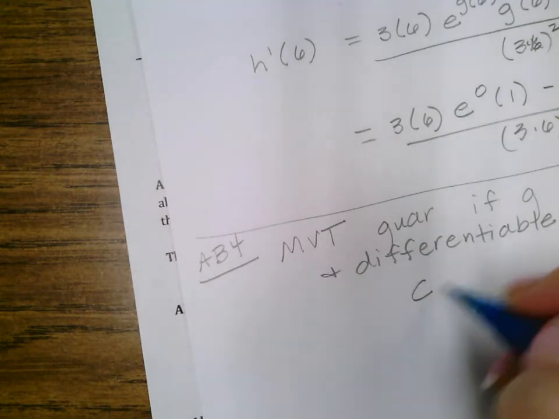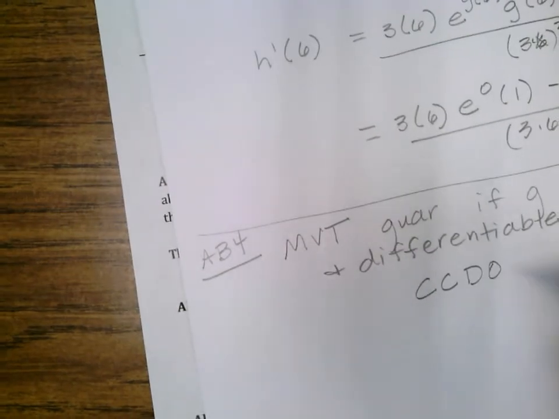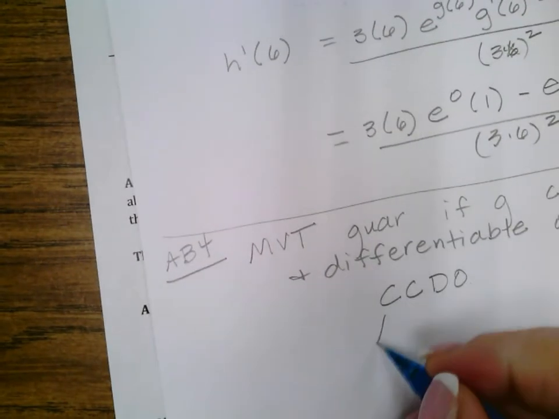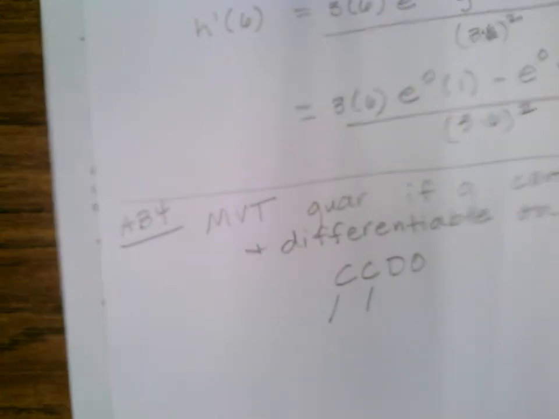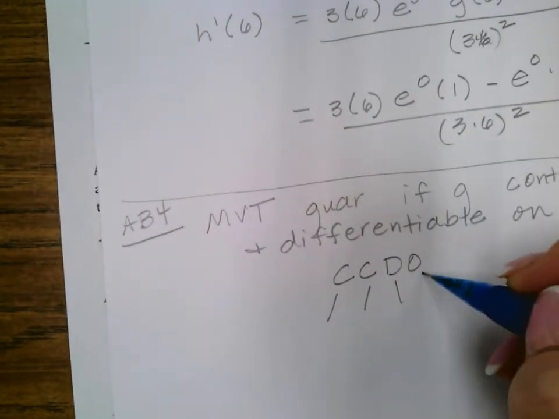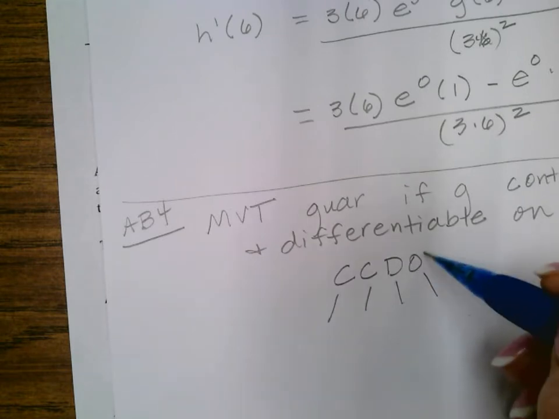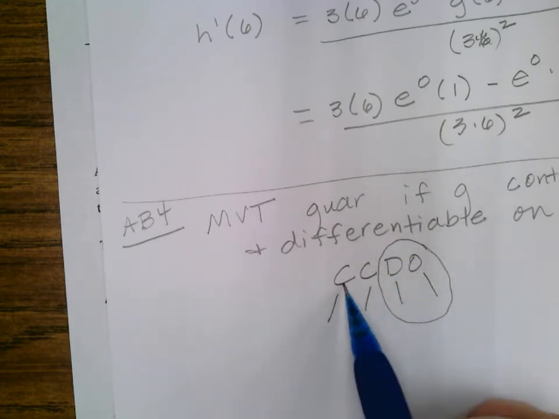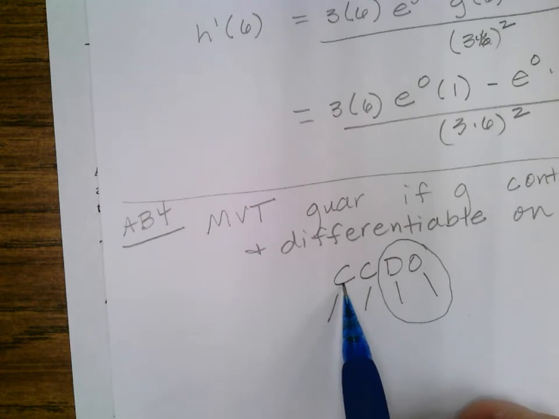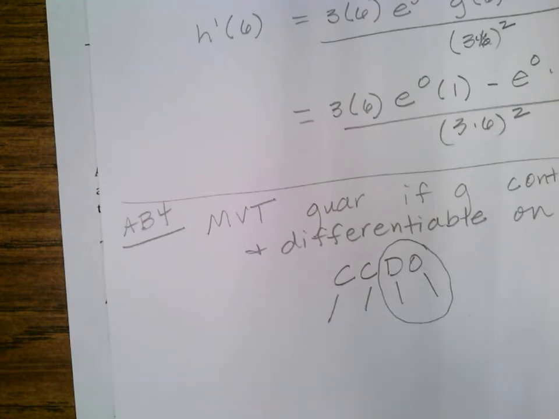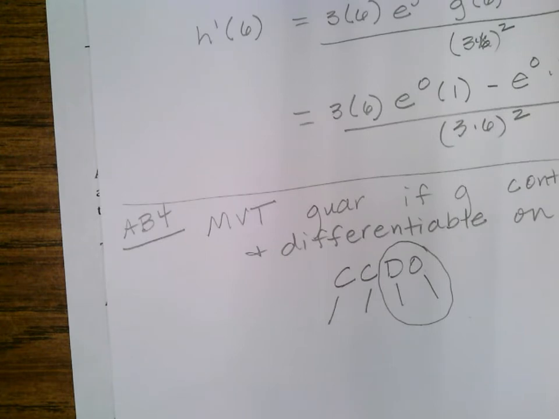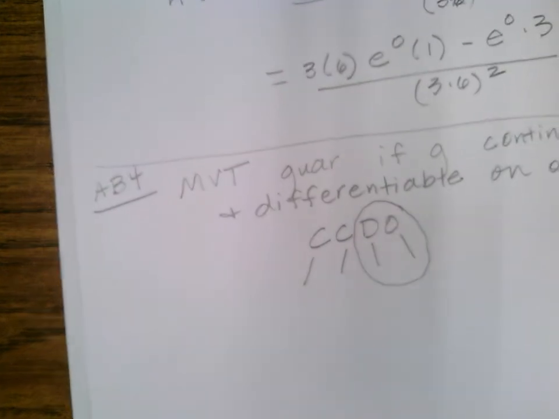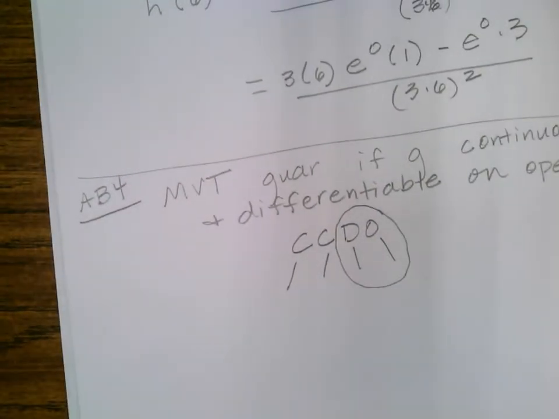So I always remember this acronym, CCDO. Continuous on the closed interval, differentiable on the open. Now, if it's twice differentiable, then it's automatically going to be continuous. But you have to say that. And some of you said that really quite well, but others forgot about the mean value theorem.